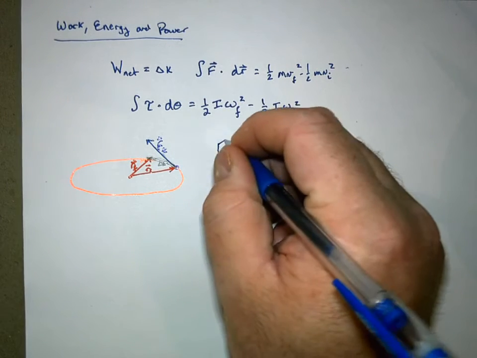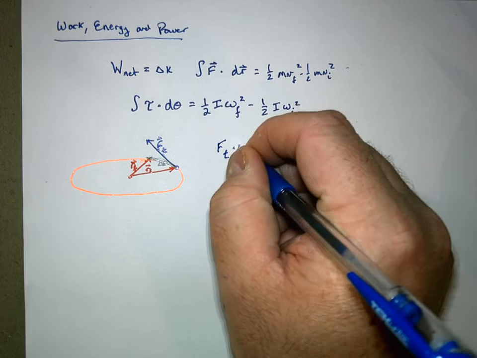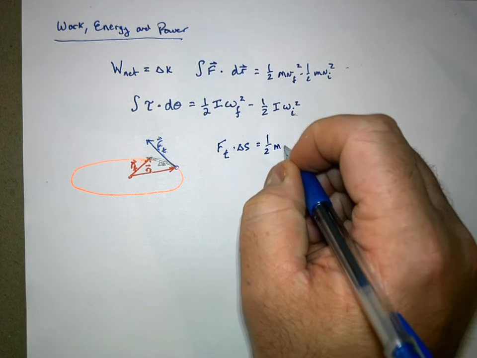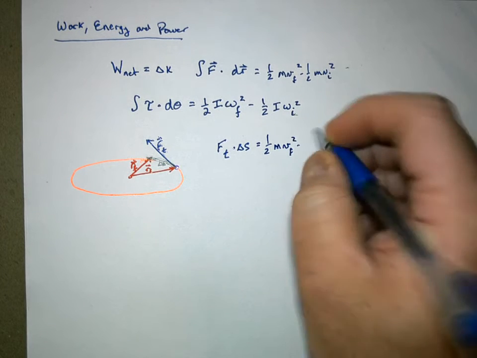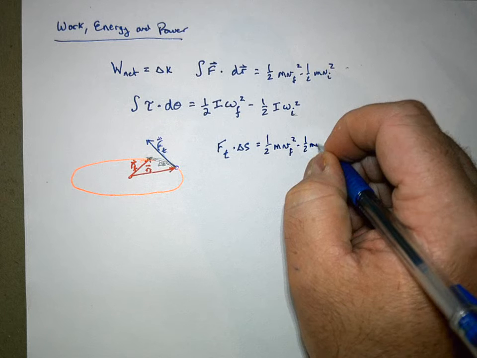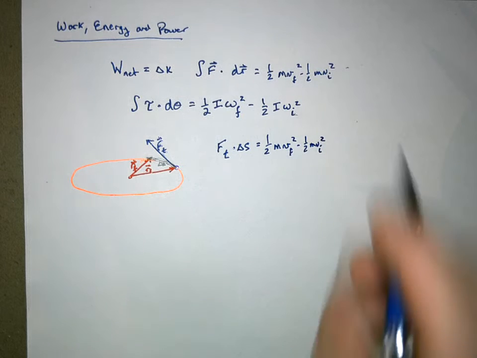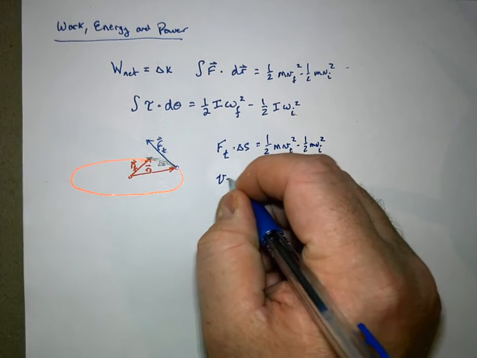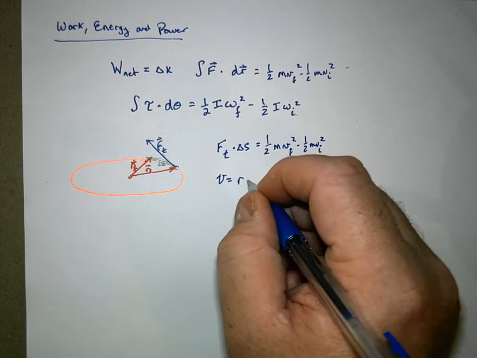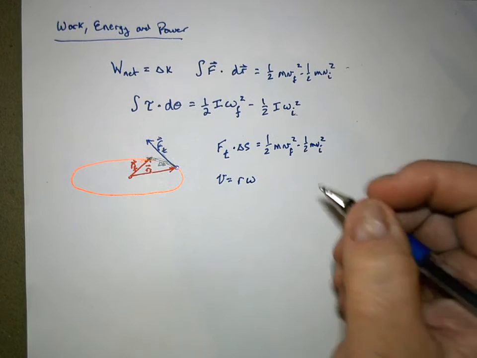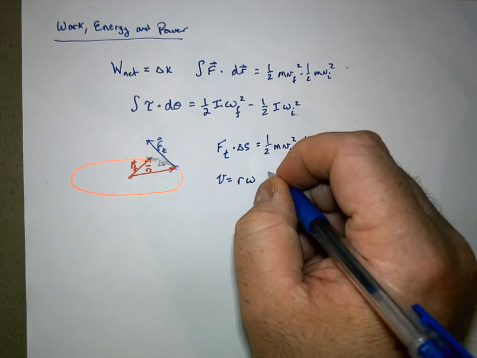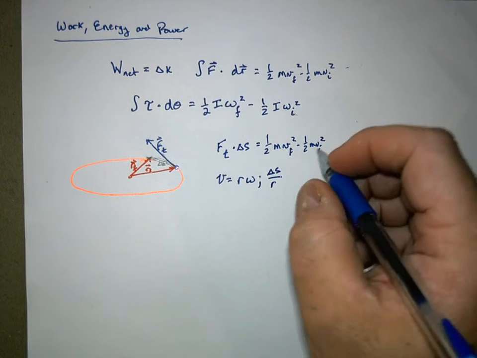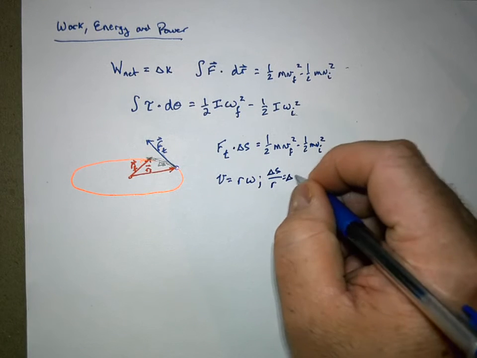Then we get F of T times our delta S, which is the arc length, is going to equal 1/2 m v final squared minus 1/2 m v initial squared. But we know that v equals r omega, and we also know that if we divide delta S by the length of the radius itself, that equals delta theta.